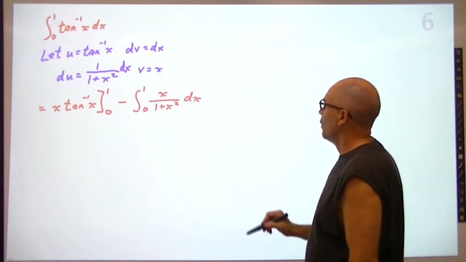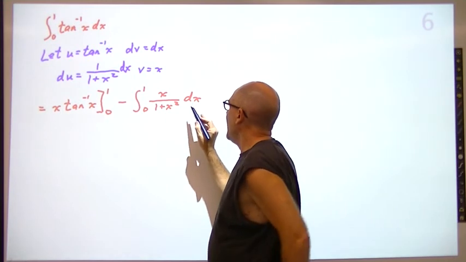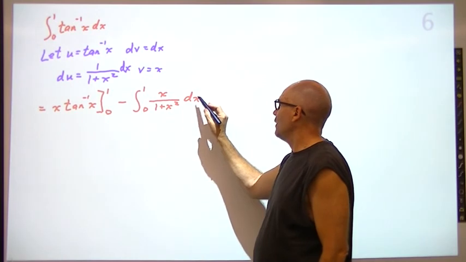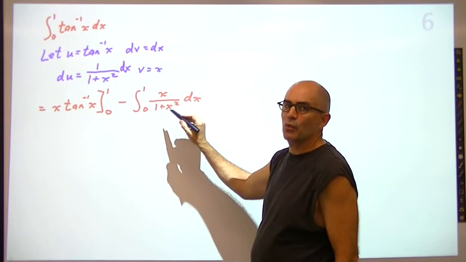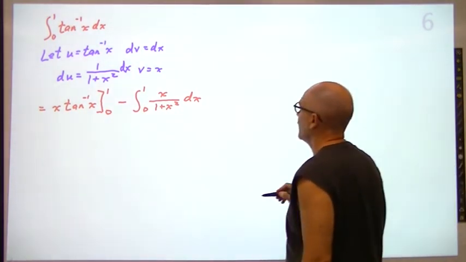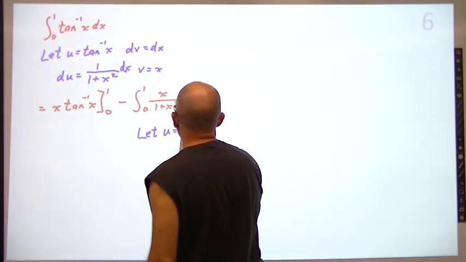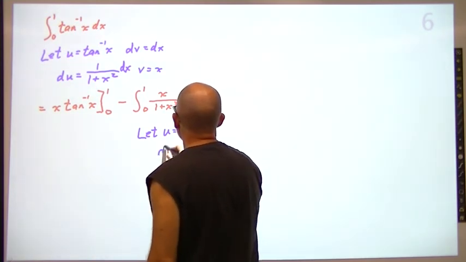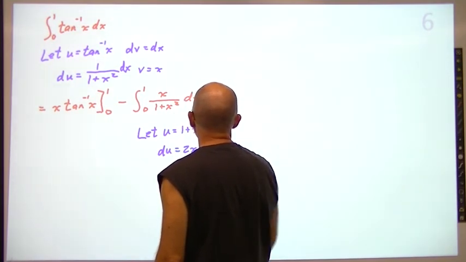Okay, so now we can evaluate this integral, and notice how we are going to do this. The x dx here, well x is going to contain the derivative of the bottom. So what I can do down here is say let u equal 1 plus x squared, and then du equals 2x dx.